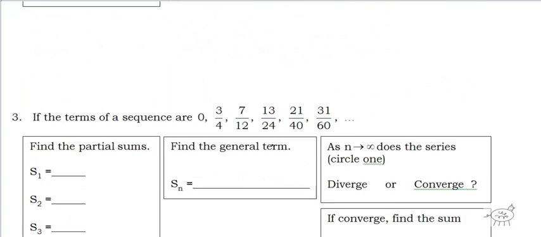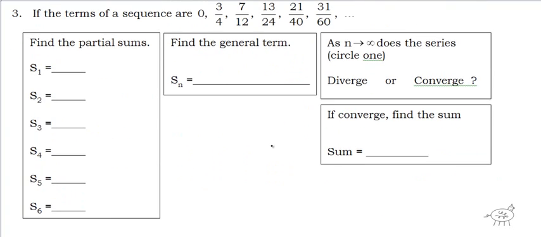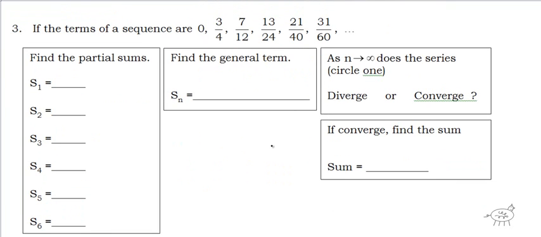Okay. And then here, the last one. I put the sums here. It's going to be 0, 3/4, 4/3, 15/8, 12/5, and 35/12.